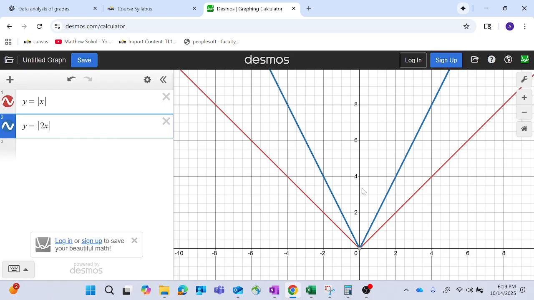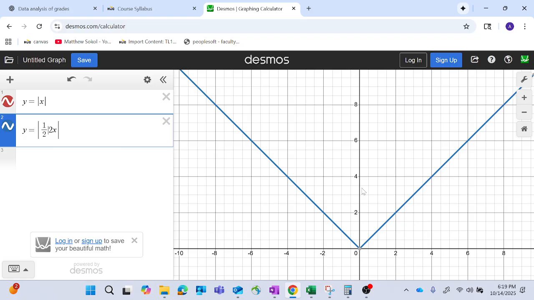That's because it's a horizontal compression. Okay? And if you decide to do 1/2 x, it got horizontally stretched, it got wider, because that's what a horizontal stretch does. It will stretch it out wider, and that's what the blue one's looking like. It got stretched out wide.